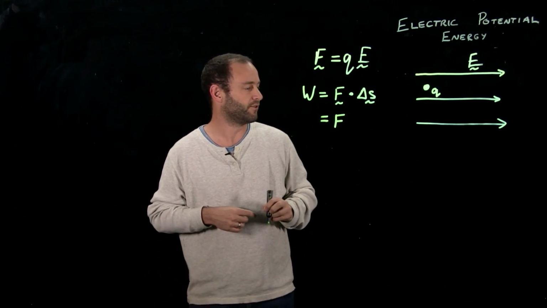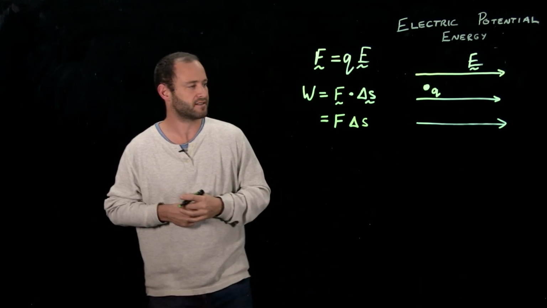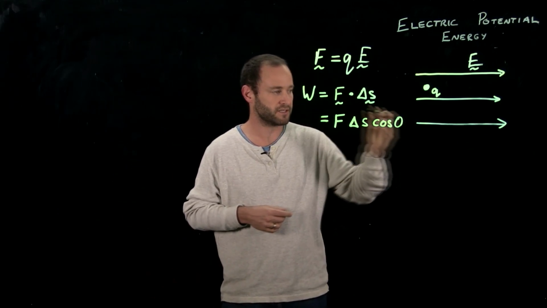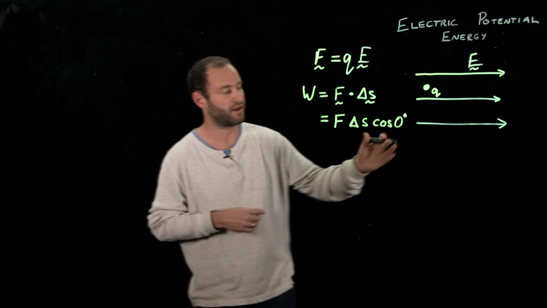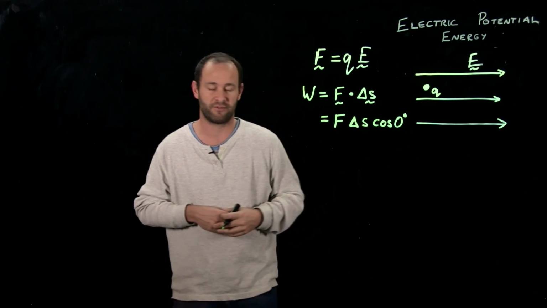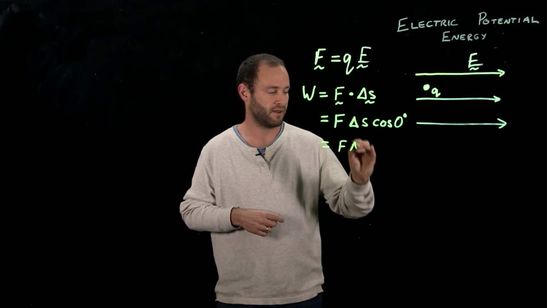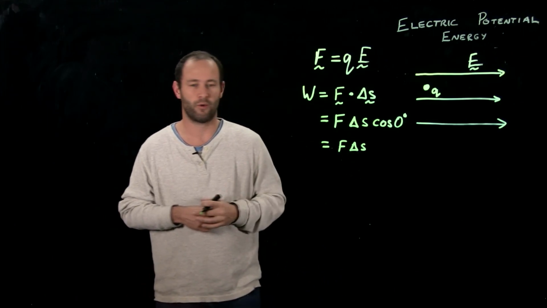It's the magnitude of the force multiplied by the magnitude of delta S, multiplied by the cosine of the angle between these two things. The angle between them is 0 degrees, therefore the cosine of 0 degrees is 1, and I simply end up with this being F delta S.